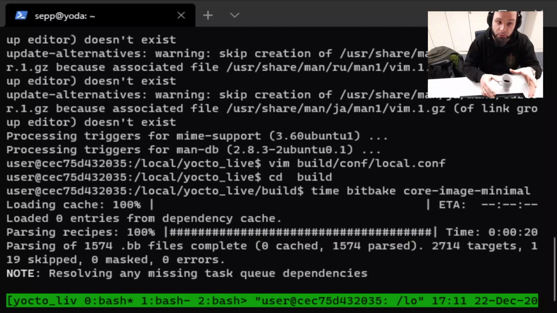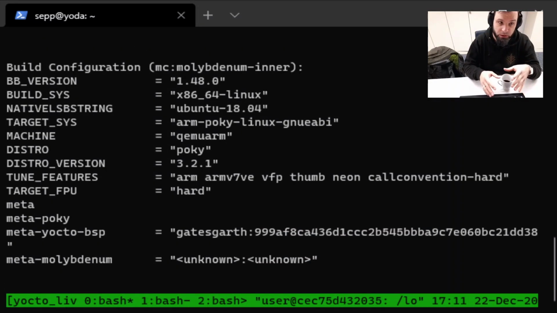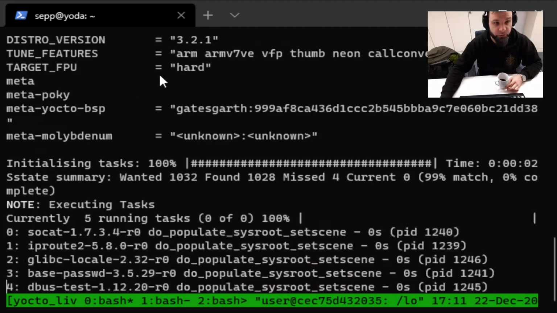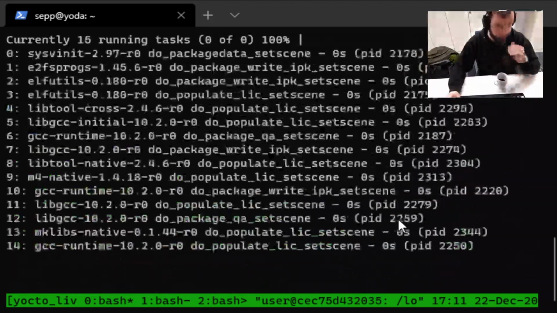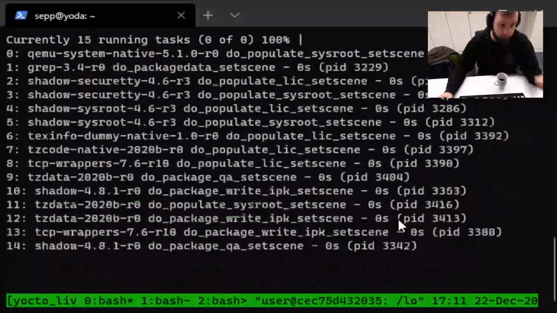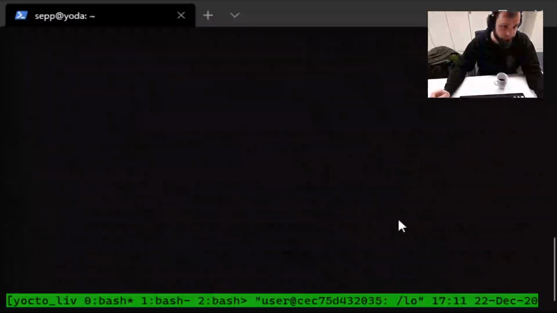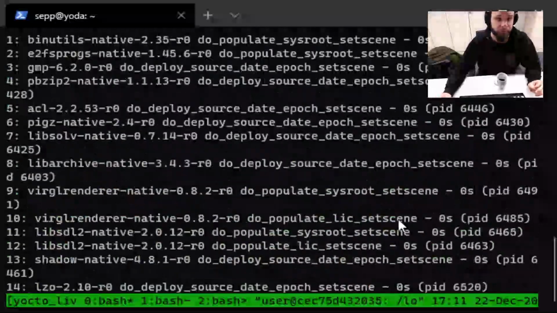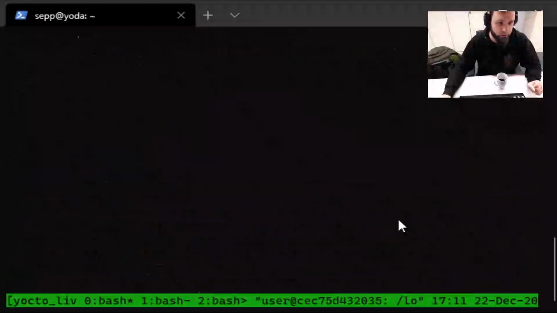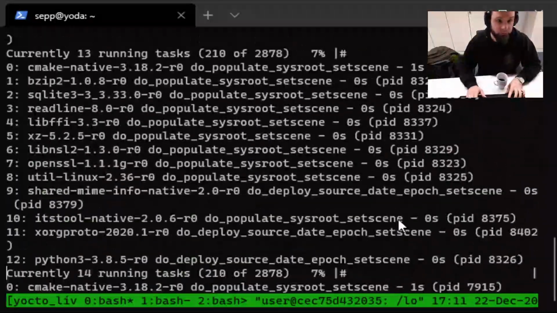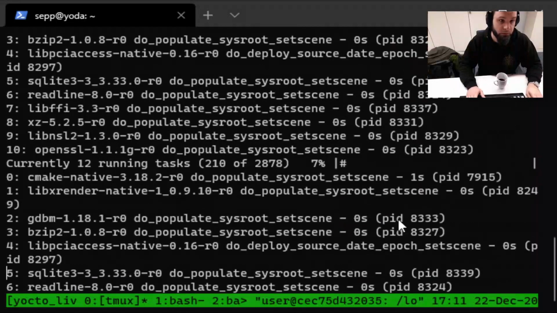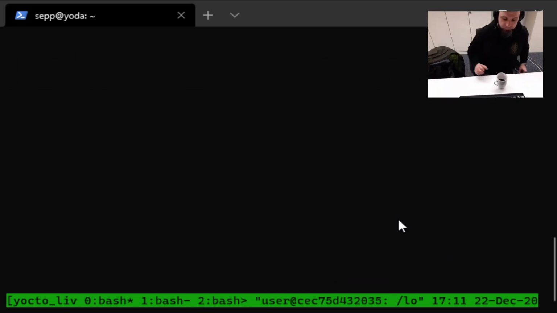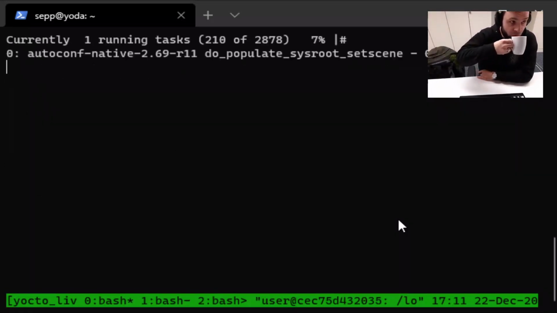Multi means multi-config. It doesn't look bad. Okay, we have a build configuration, mc config inner and outer. Okay, and cache seems to be hot too. That's a good sign. Let's look. Oh, okay, no, this is completely unusable. Time to drink.